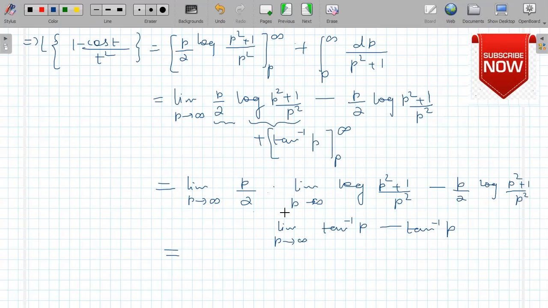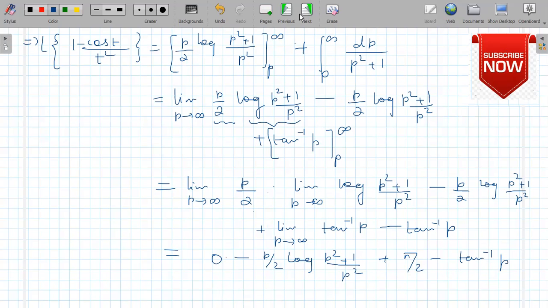This value is infinity, this value is 0, so 0 into infinity is 0. This value is as it is. This value is pi by 2, and this is tan inverse P.